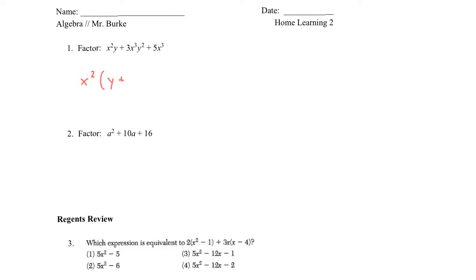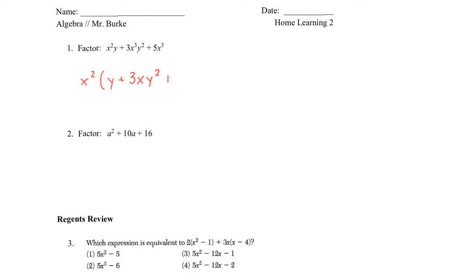What do I have to multiply x squared by to get 3x cubed y squared? Well, I need to multiply by a 3, I have to multiply x squared times x in order to get x cubed, and then I have to multiply x squared times y squared in order to get that y squared up there.